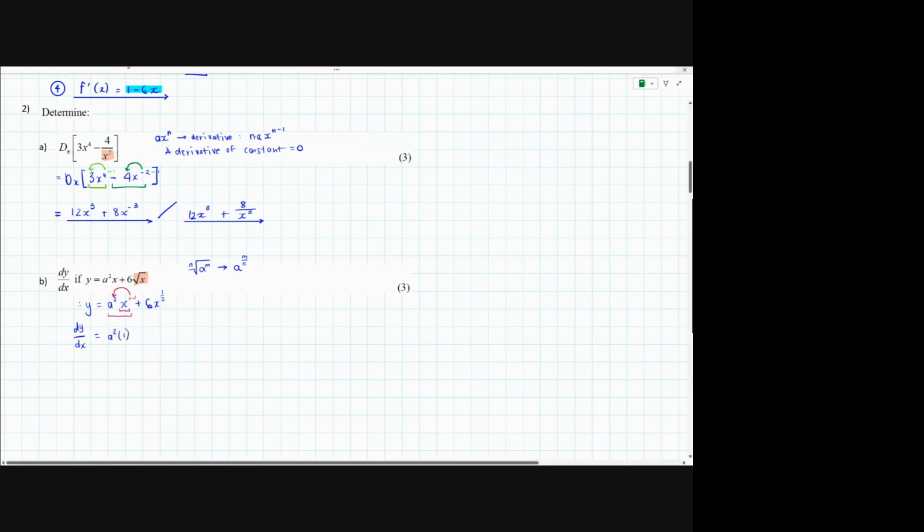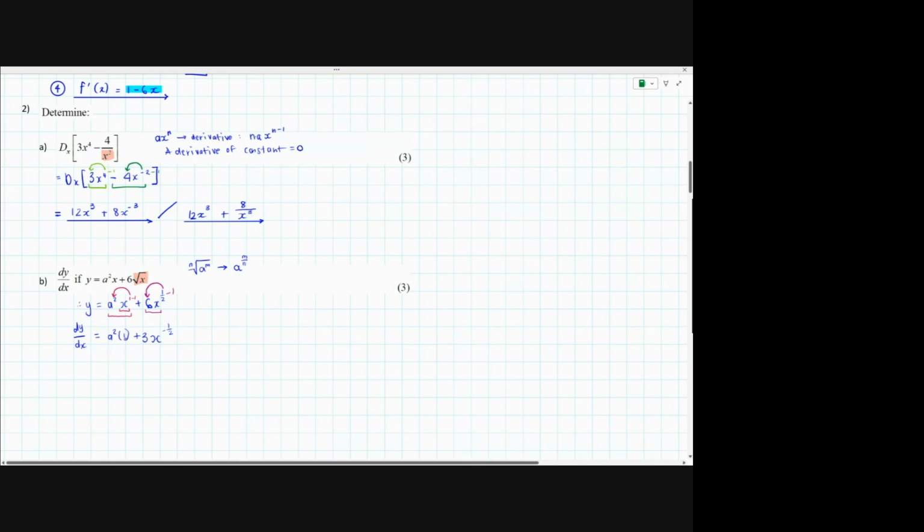We then move on to our second term, and we do exactly the same thing. My variable that I'm trying to derive in terms of is x. So I'm going to take its exponent, times it by the coefficient. A half times 6 is 3, so plus 3. And then I'm going to subtract 1 from my exponent. A half minus 1 is negative a half. So 3x to the power negative a half.